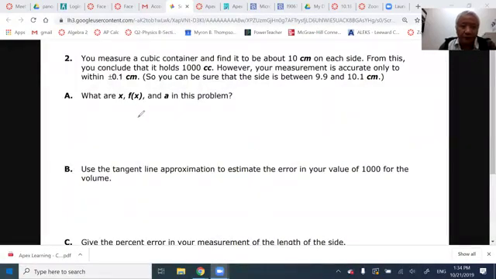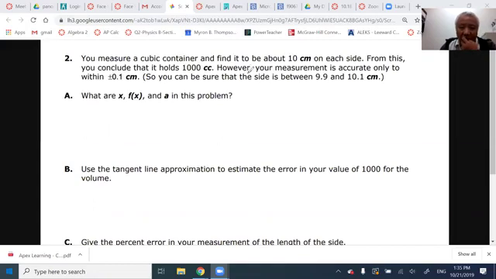Okay, look at the number 2 here. You measure a cubic container and find it to be about 10 centimeters on each side. From this, you conclude that it holds 1,000 cubic centimeters.